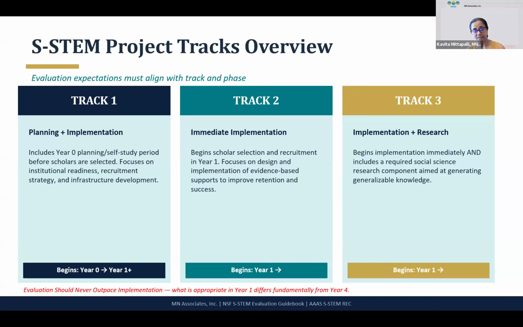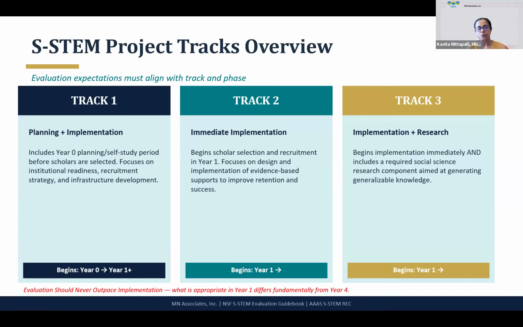But in track 3, a much more rigorous, evidence-based research study is required, and it is conducted by a separate social science researcher. If you're interested to know more about who does what, when, and how, I would suggest that you read our very first guidebook that was released about 2 years ago. That guidebook was all about differentiating between evaluation, generation of knowledge, and research for track 3.